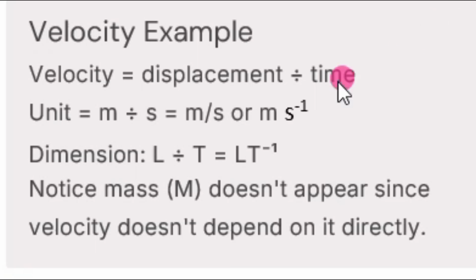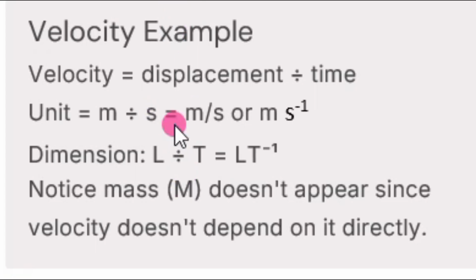So M as a unit turns to L. Our dimension is L divided by second, and second as a unit turns to T. Now we have LT raised to power minus 1, just as you have MS raised to power minus 1.